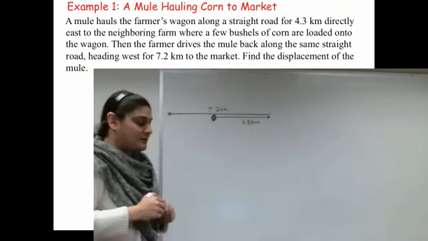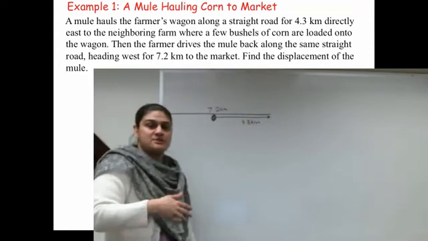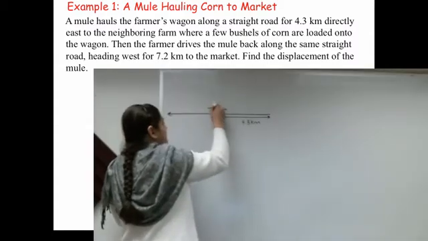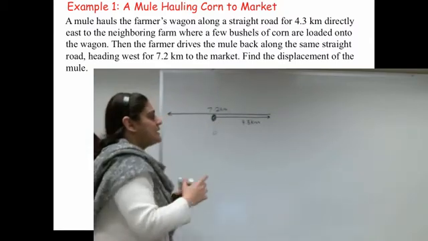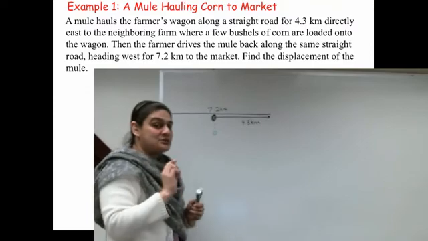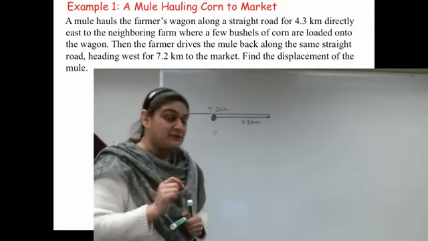Okay, now there's multiple ways of doing this problem, but there is one way that will make our life a little bit easier, and that would be if I define my origin sort of to be here.